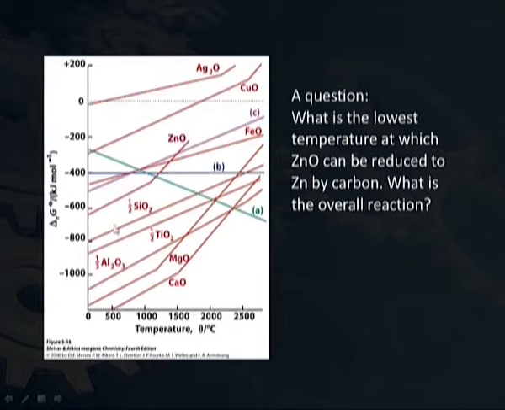Zinc oxide is shown here. We can see that this is bending upward here. This is because zinc volatilizes here from the liquid to the vapor condition.